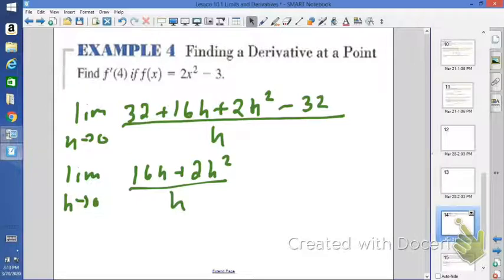And I probably should have pointed this out in the very beginning. If we would have plugged in 0 for h right away, we obviously can't do that. It would be dividing by 0. So what we did was we worked through, and we got to a point where now we can factor out an h here.